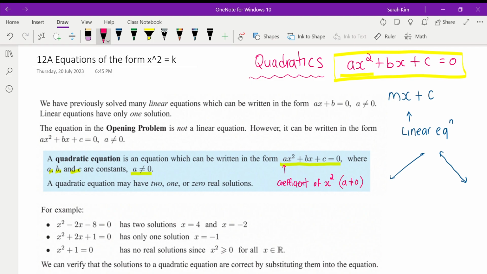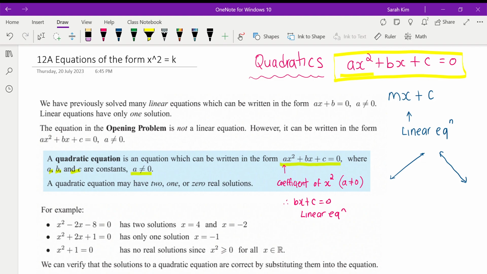Because if it is 0, that whole term will be 0, and therefore we'll have bx plus c equals 0 as our equation, and that's a linear equation. We don't want linear equations because we're looking at quadratics. So a can be any number, just not 0. It can be negative 100, negative 1,000, positive 100, positive 1,000, whatever you want, just not 0. That's a very important thing that you need to be able to tell me.